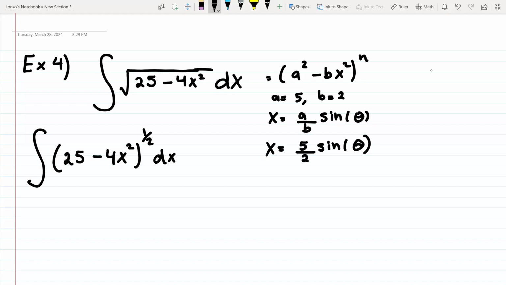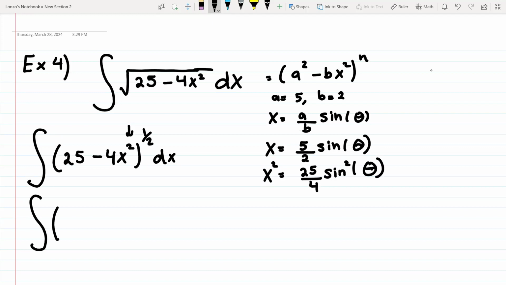So the thing is, we got to find x squared because that's what they said. So let's find x squared. So x squared is basically squaring this whole thing, which is 25 over 4 of sin squared theta. Okay. So we could just start substituting in.